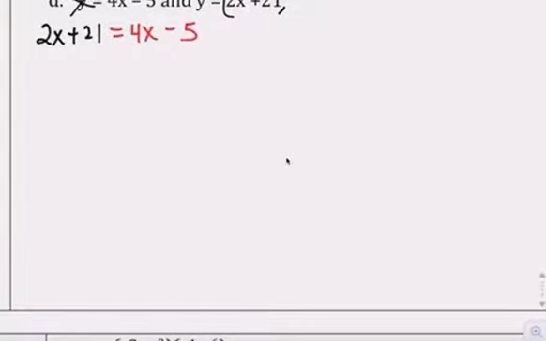Substitute that in where y is. We get rid of the smallest variable. That's the easiest. So we minus 2x, minus 2x. That gives you 2x minus 5 equals 21, right?